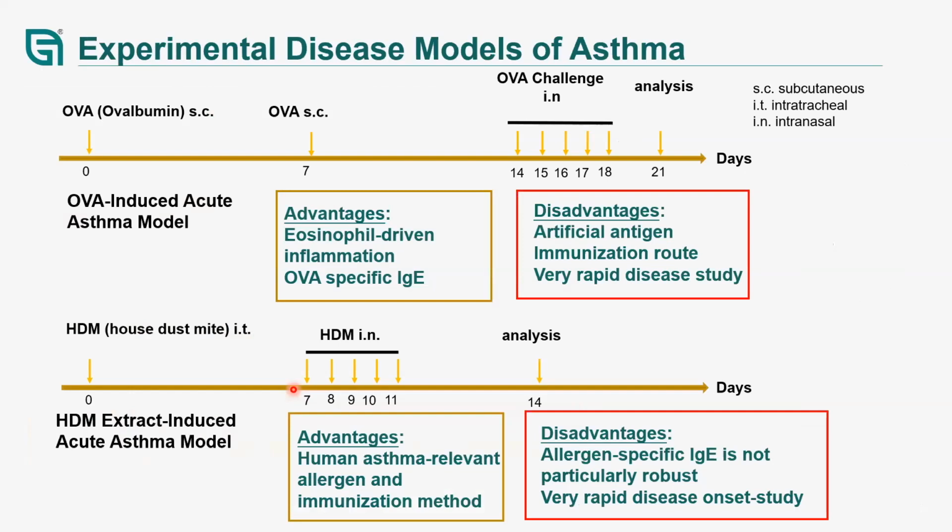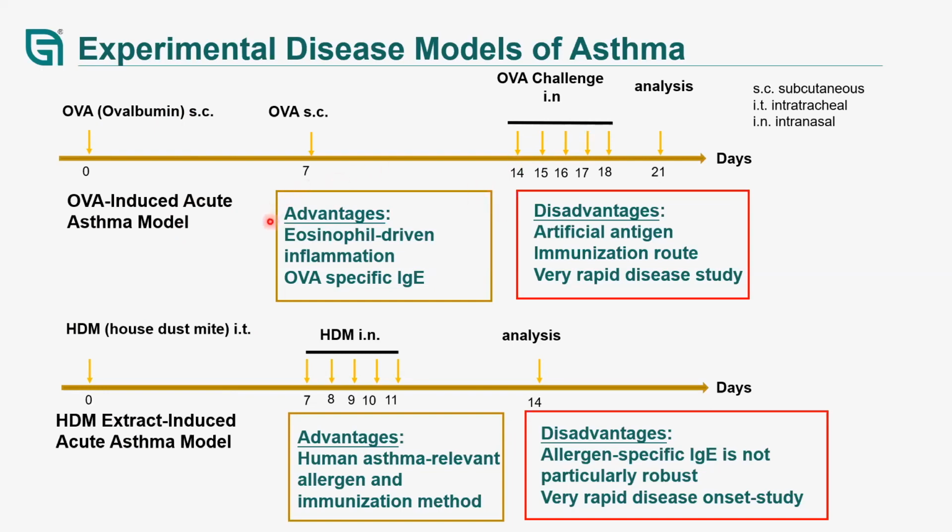There are several mouse models of asthma, each with strengths and weaknesses in recapitulating the human disease. Shown here, the OVA-induced acute asthma model, or OVA. This uses a subcutaneous administration of OVA followed by intranasal OVA challenge that drives the disease.